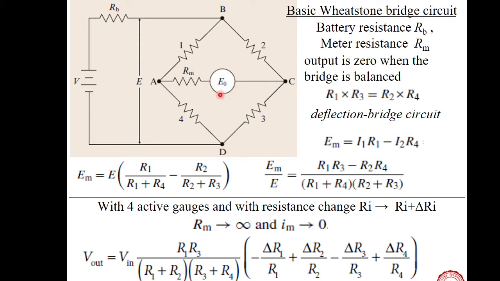There is an indicator arm which deflects on the scale, and we measure the change in output voltage. So this essentially requires current through this circuit. So whatever meter we use, this RM, meter resistance, cannot be infinite. This is an assumption. So actually there will be some error in the measurement due to this current in the circuit.